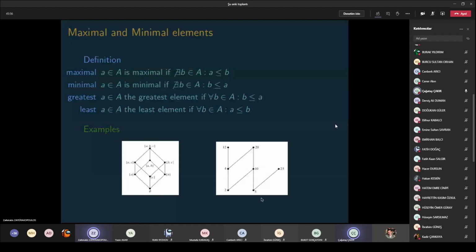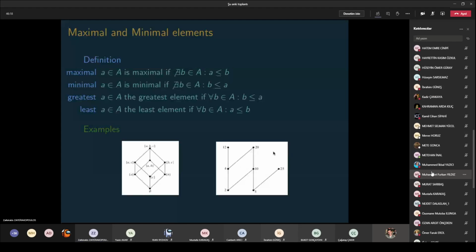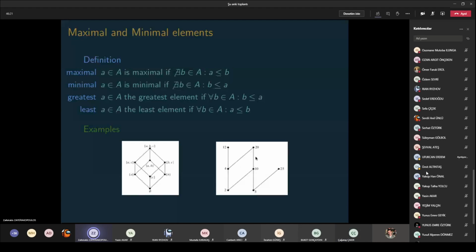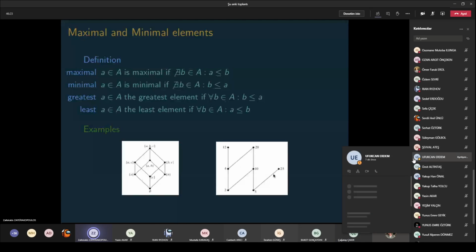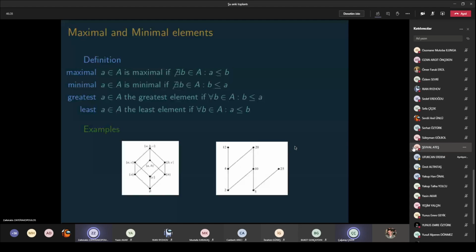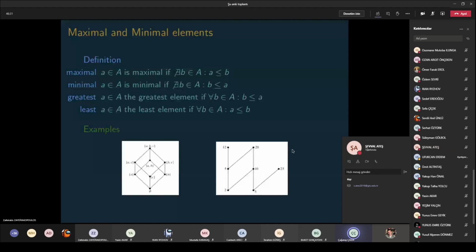So what do we need for the greatest element? Is it the one whose upper bound is connected to every single element? Not necessarily. But it has to be that there is no element greater. It has to be above everything else, right? Yes. It has to be one.